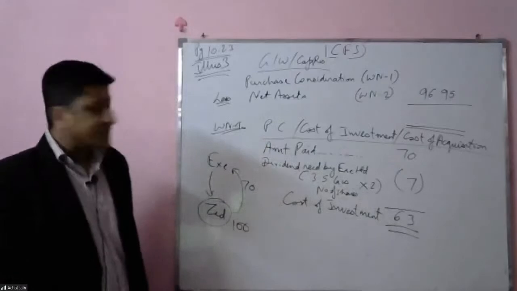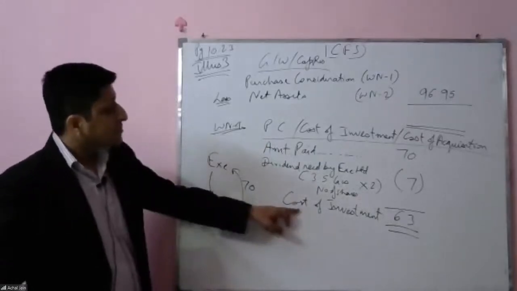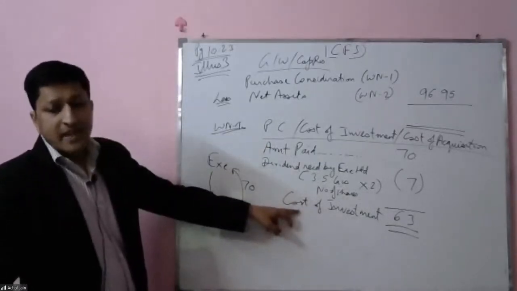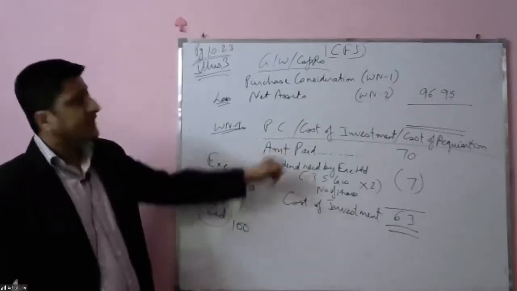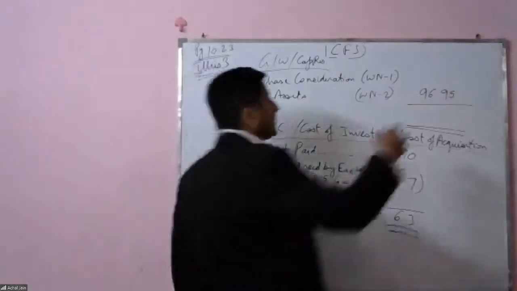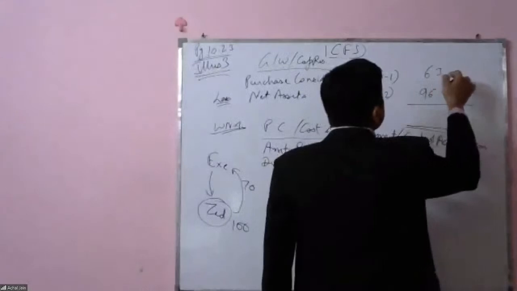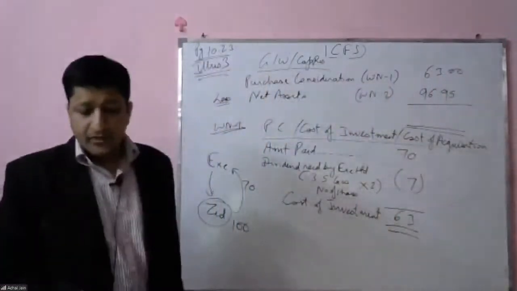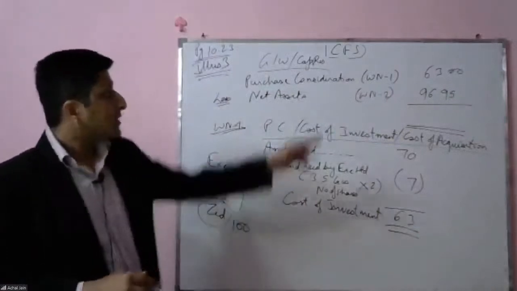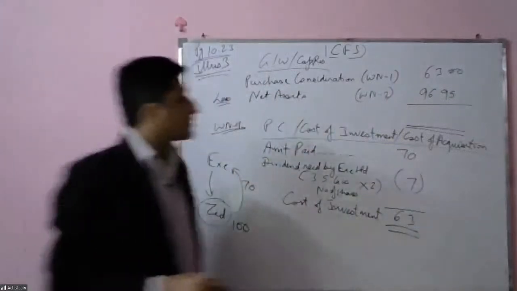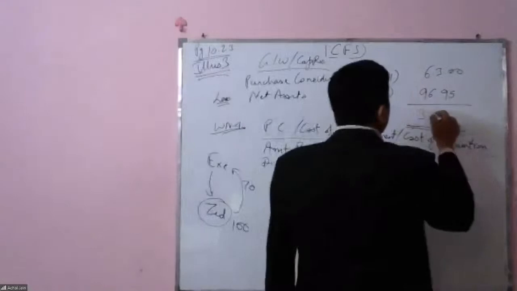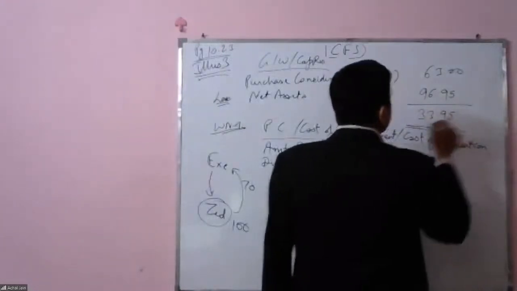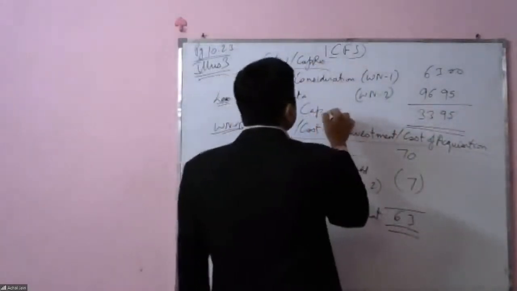Okay. So that's why the cost of investment will be 63 lakhs instead of 70 lakhs. So what do we take over here? 63 lakhs. And accordingly, we can compute goodwill or capital reserve. I'm sure this will be a negative amount. So that's why it should become capital reserve.